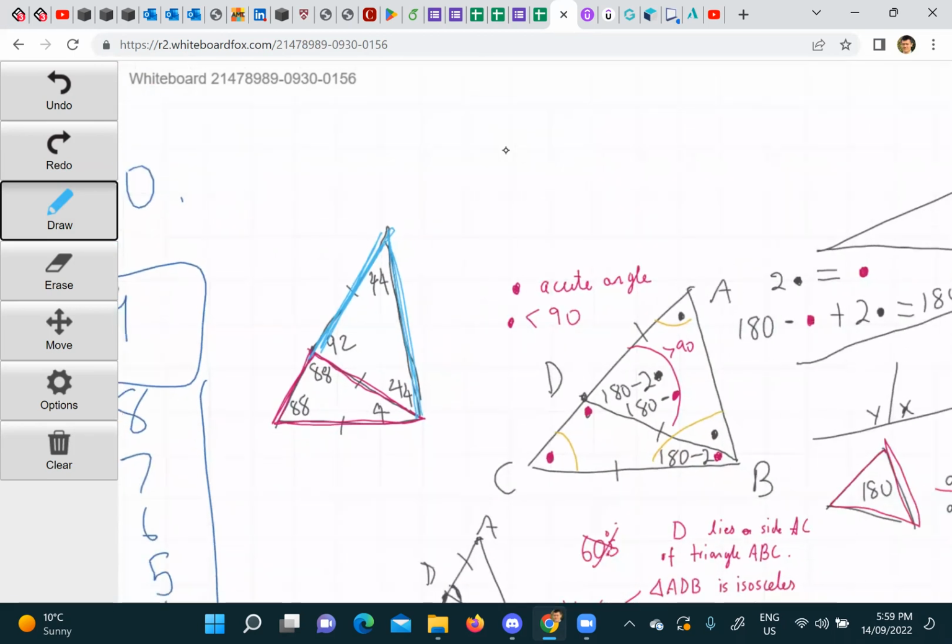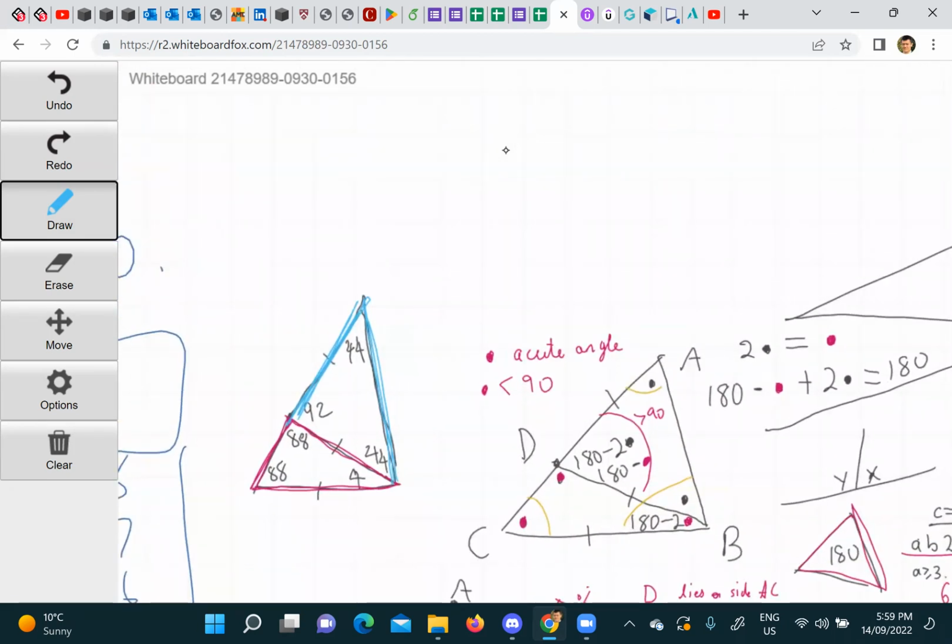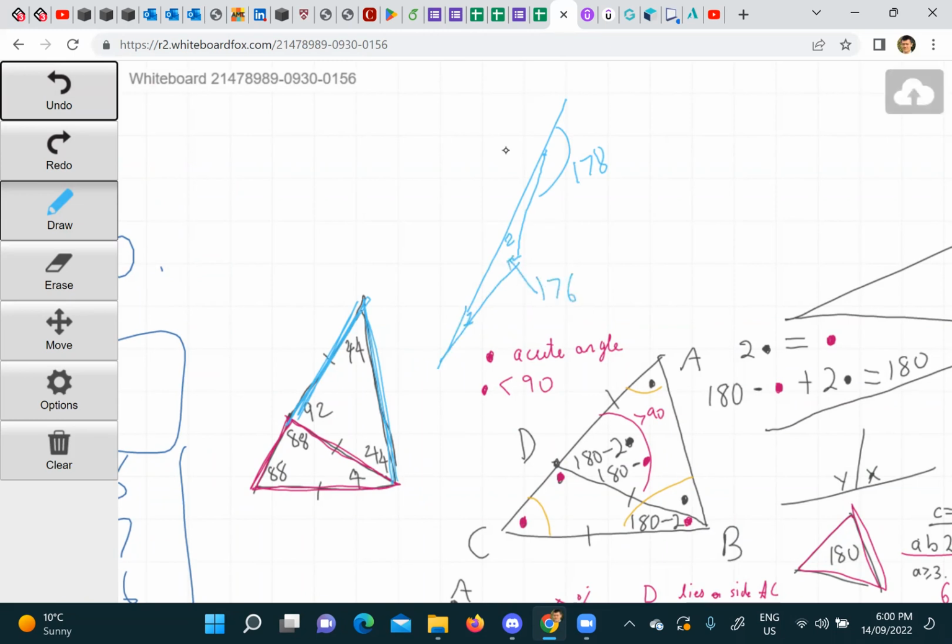That'd be pretty crazy though. So here's only 2 degrees, and we're making an isosceles triangle, where this is 2 degrees and therefore this is 176 degrees, right?